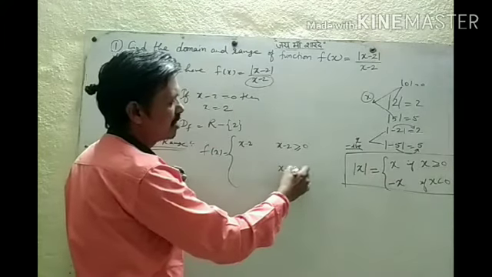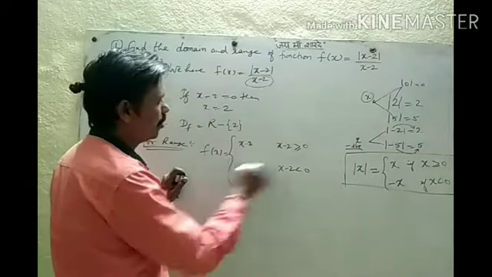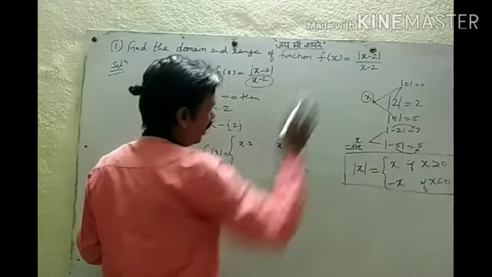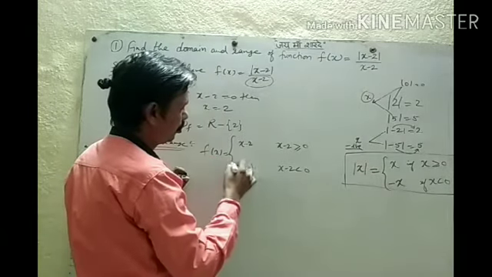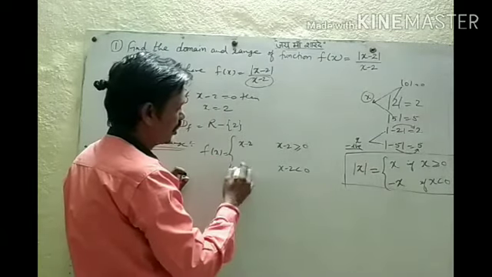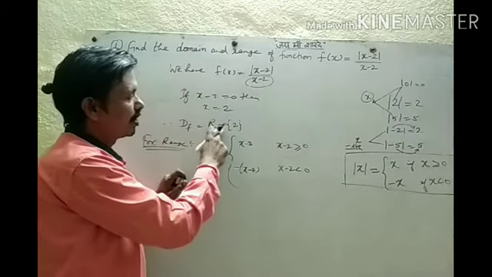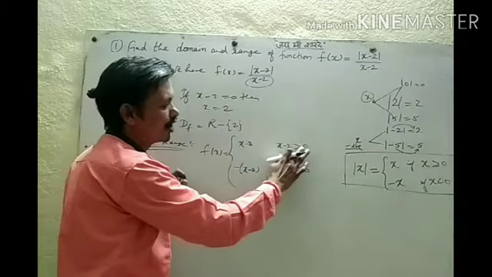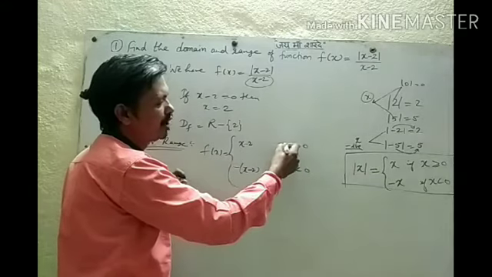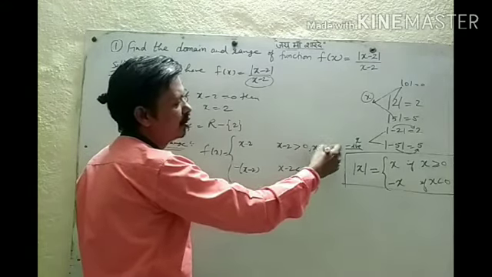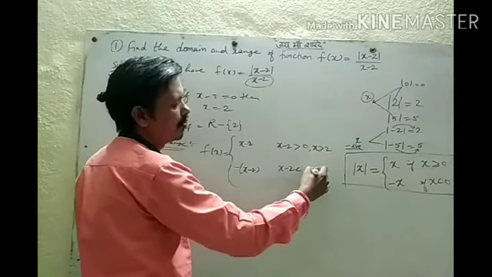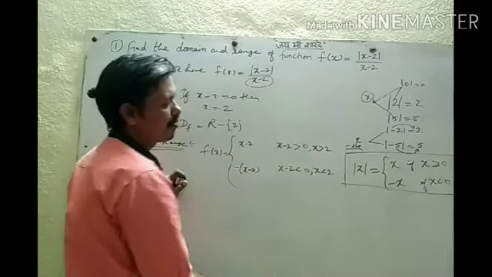When x minus 2 is less than 0, then mod x will be minus x, so it will be minus of x minus 2. But in our domain, 2 is not there, so we cannot include it, because it will give x more than 2, and the other will give x less than 2.